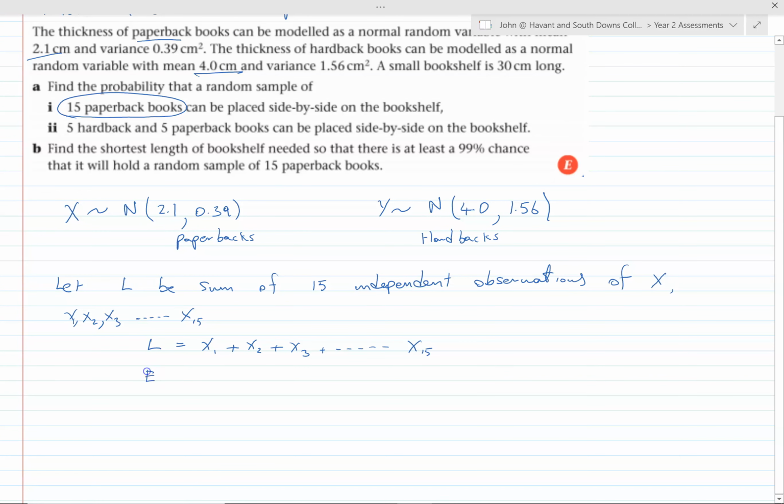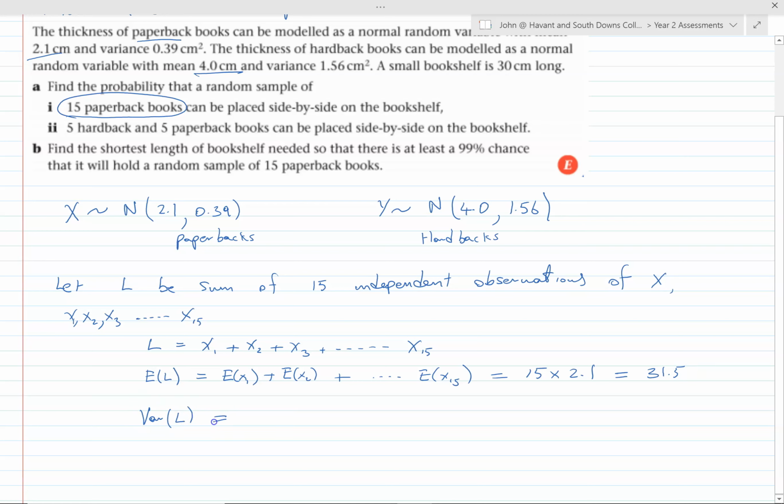Well, clearly the mean is just going to be the mean of each one of these individually up to the 15th, which is basically 15 times 2.1, which is equal to 31.5. Now here's the thing with the variance.